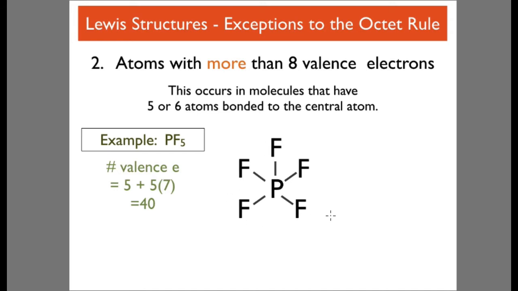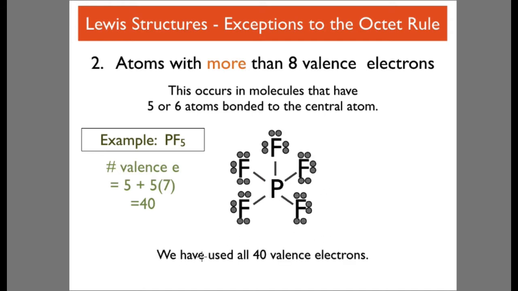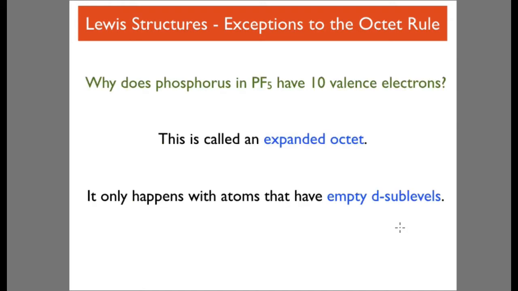There's a quick sketch of it. You can see that phosphorus has 1, 2, 3, 4, 5, 6, 7, 8, 9, 10. So we have used all 40 valence electrons here. The phosphorus atom has 10 bonding electrons.